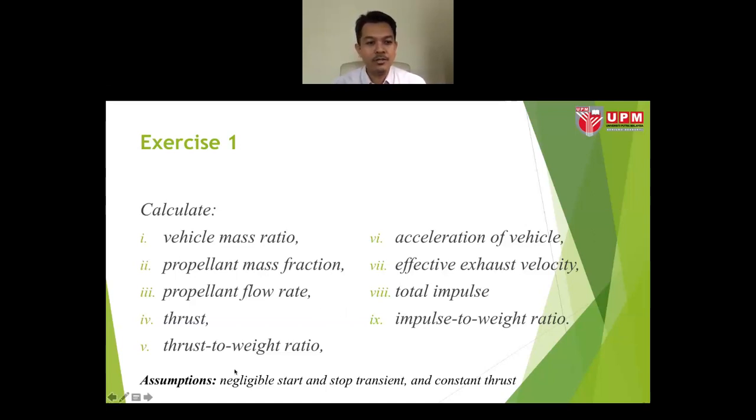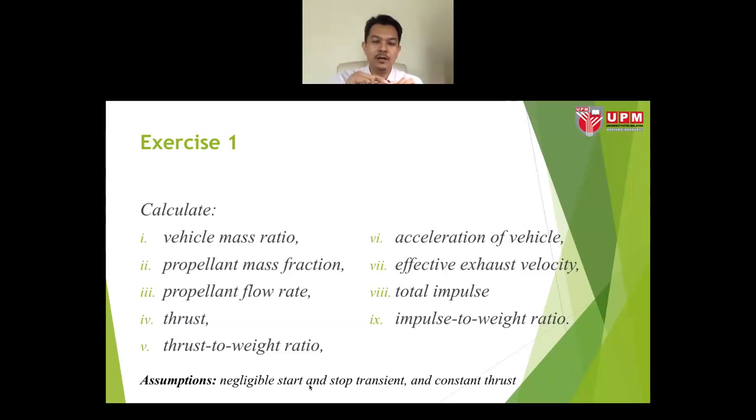What are the assumptions? In any rocket propulsion problem, we simplify the situation in such a way that we neglect the start and stop transient. In the real case for any rocket propulsion, you have to take into account the start and stop transient. It is not instantaneous. It starts from zero and jumps to a certain value.